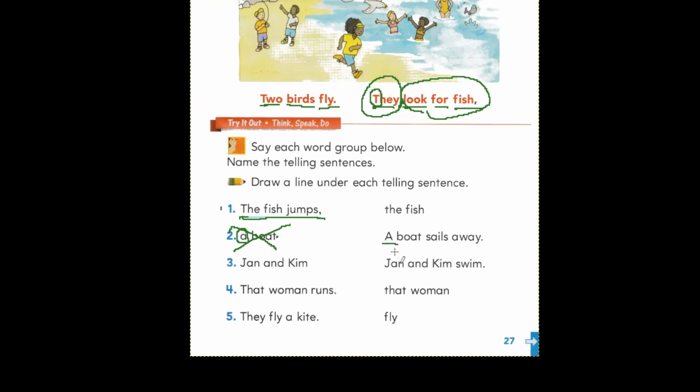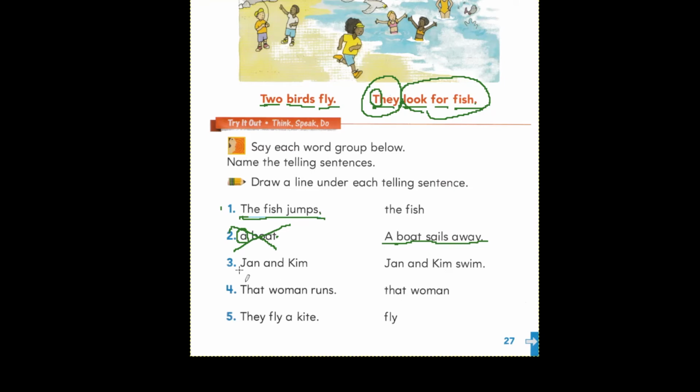It's an uppercase A. And look, there's a period at the end. And this fulfills what a telling sentence is. And it's also our simple sentence because look, here's our subject, a boat, and our action, sails away. So we could just draw a line right under there. That's it. So look here, number three, Jan and Kim.